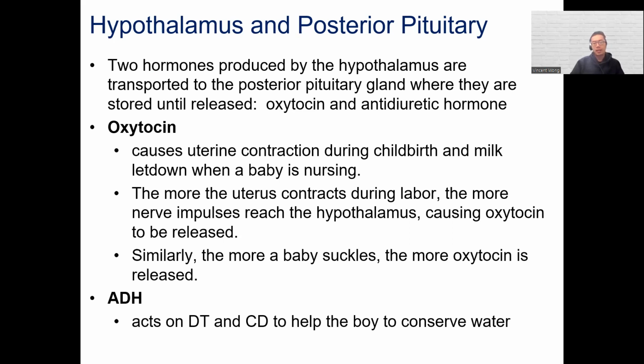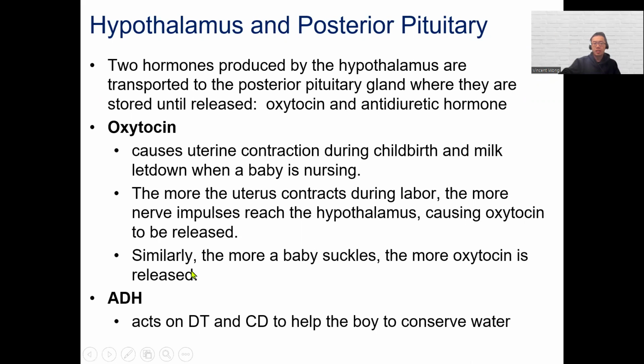And last week, I explained that this is an example of a positive feedback where the stimulus for the release of oxytocin will result in an exaggeration of the trigger itself. So for example, during labor, the more contraction you get will trigger the posterior pituitary gland to release more oxytocin, which then goes back to the uterus and creates even more contractions.